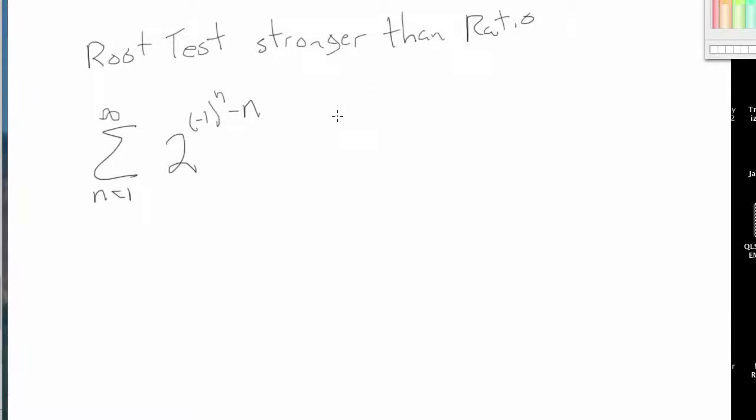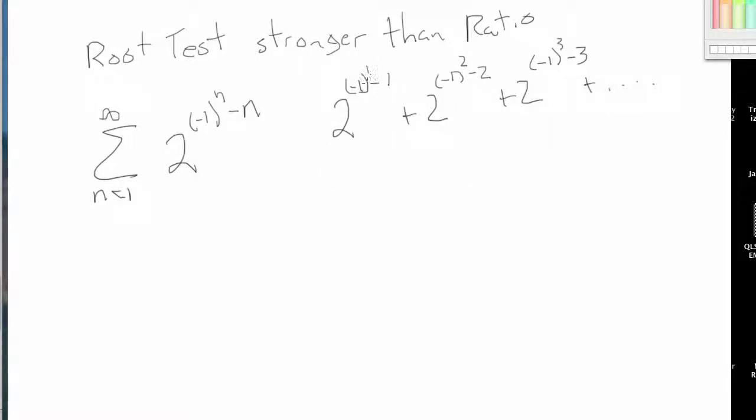So let's think about what this series is. If n equals 1, then this is 2 to the negative 1 to the first minus 1, plus, when n is 2, 2 to the negative 1 squared minus 2, plus 2 to the negative 1 cubed minus 3, plus, and I keep on going.